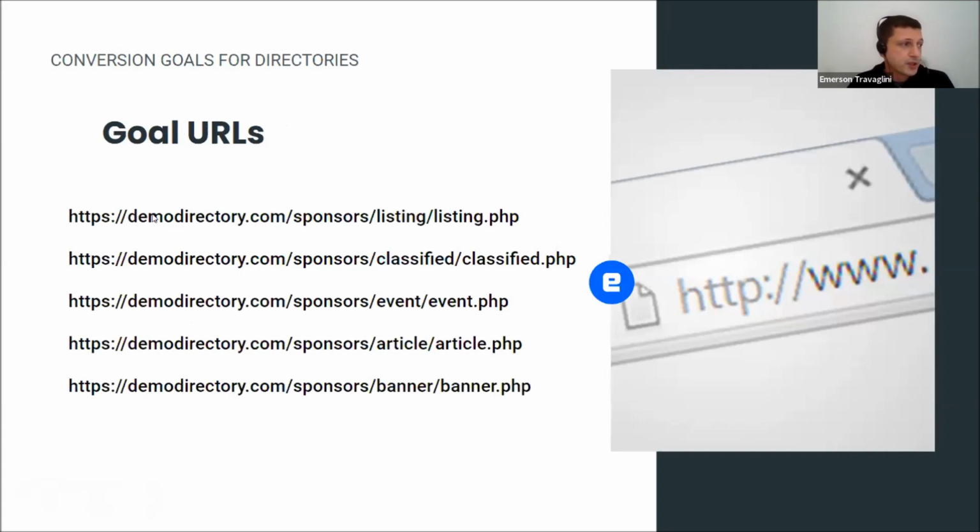Here I'm using the URL from our demo website, but the /sponsors/listing/listing.php is common for everybody, for every eDirectory user. So you can and you must use this URL structure to create your conversion goals, specifically on Google Analytics.